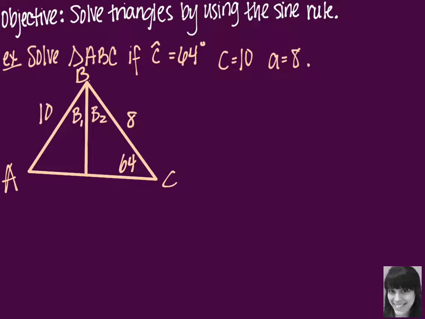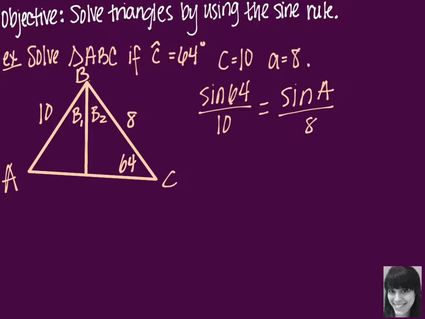So sine of 64 over 10 equals sine of A over 8.